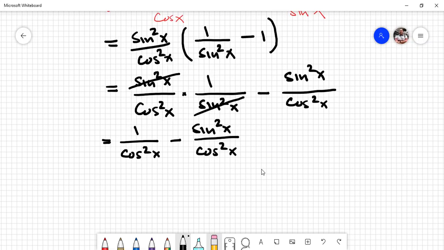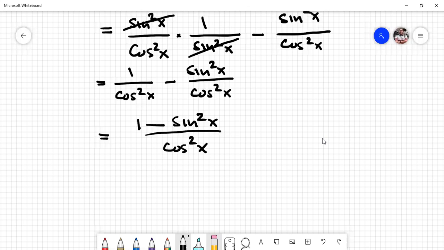As you see, they have the same denominator now, which is cosine square x. So this can be written as 1 minus sine square x out of cosine square x.